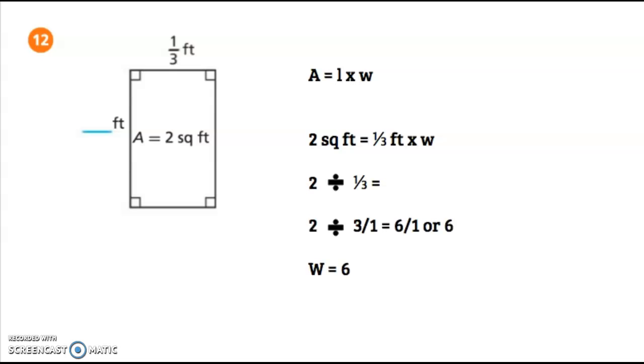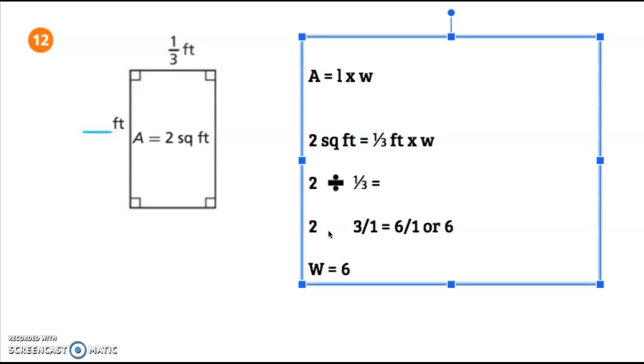Once I do keep, change, flip technique, I can do 2, and then I'm multiplying because I keep that. Oh, I need to change this to a multiplication. Here we go. I have 2 now because I keep my 2.